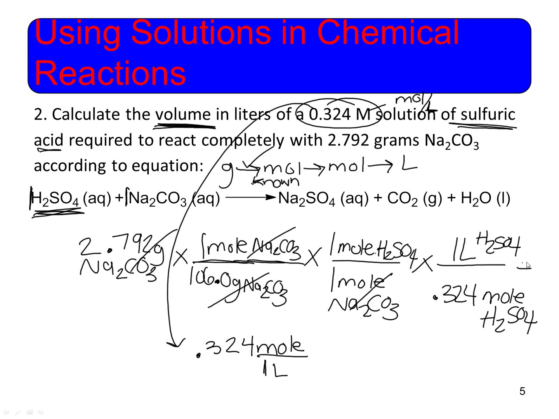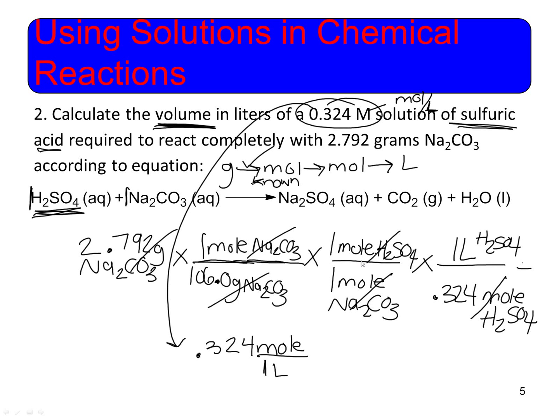Does everybody see how I did that? The reason the moles is in the denominator is because our units have to cancel every step we take. When we cancel the moles, we're left with liters of sulfuric acid on top. If we go back to our equation, that's what we're asked to find.